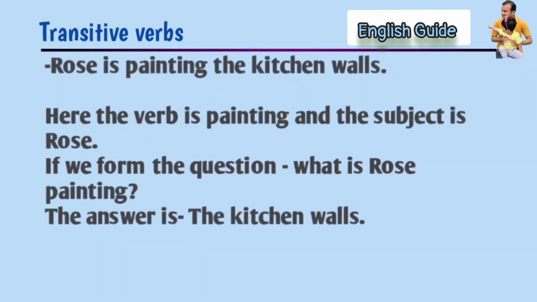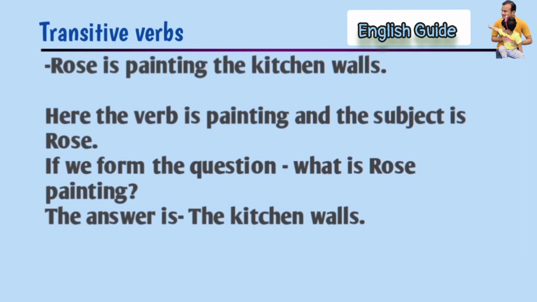Let's check an example to understand the transitive verb. Example is Rose is painting the kitchen walls. So we know the verb is painting here and the subject is Rose. If you form a question like what is Rose painting, the answer will be the kitchen walls.